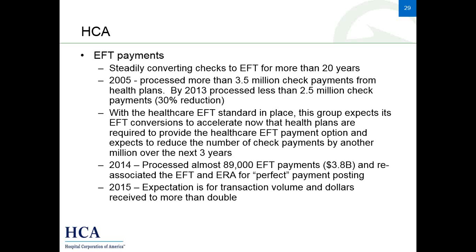You can see the dollar amount referenced on the slide, and successfully reassociated those payments with the electronic remittance advices for perfect payment posting. Now, that volume is perhaps a little misleading, as we gradually built our volume throughout the year. So we expect 2015 to show some dramatic improvements, and I think even the forecast of more than doubling is probably conservative at best.